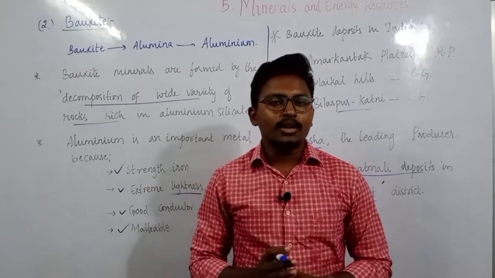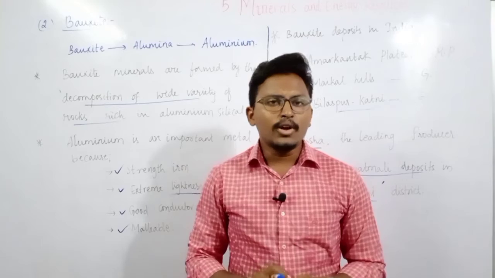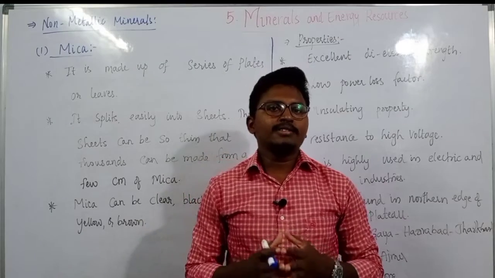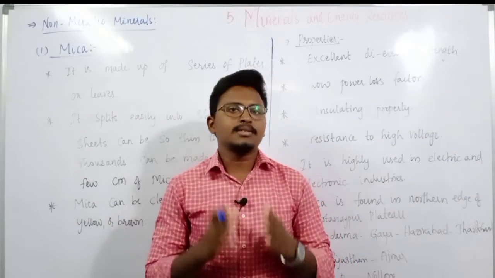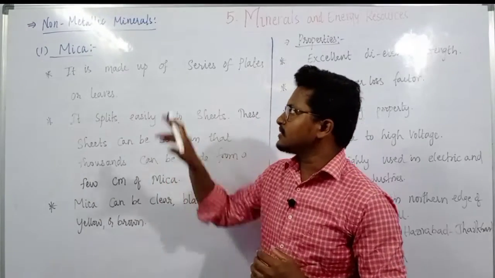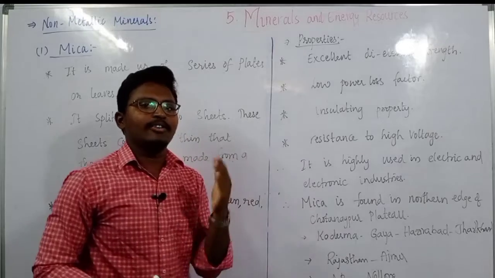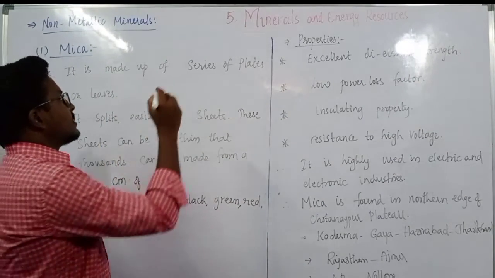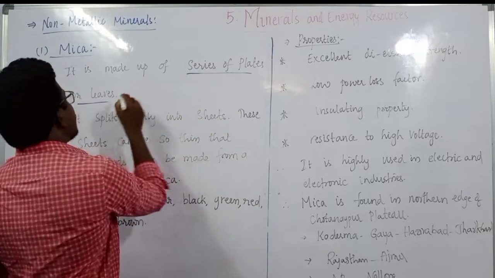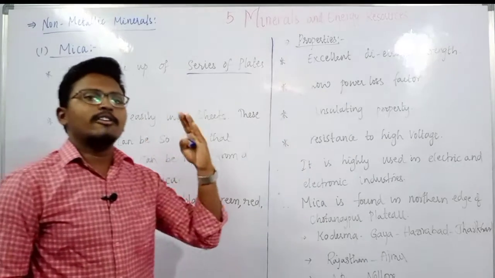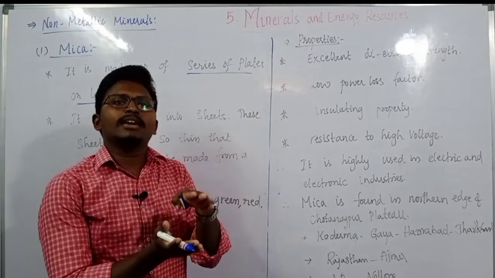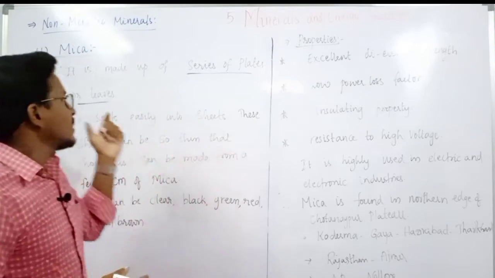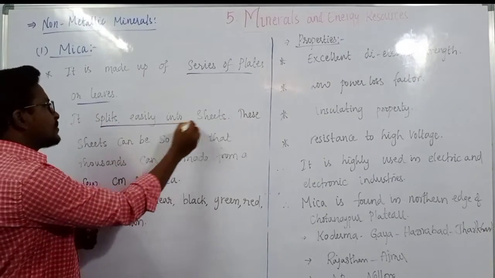And the next very important mineral which we are going to discuss is non-metallic minerals. Let us discuss the non-metallic minerals. In that we will mainly discuss mica. So what is mica, where is it found, and what are its properties? Mica is actually made up of a series of plates or leaves. That means it looks like a series of plates arranged one upon another, and it can be easily split into sheets.